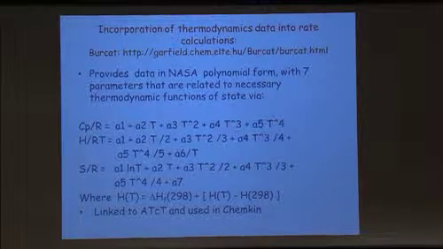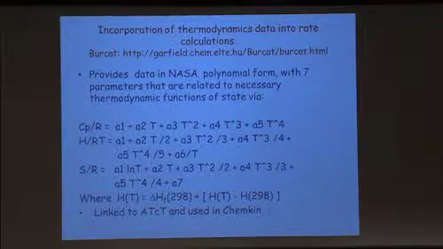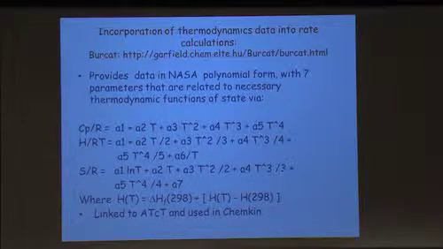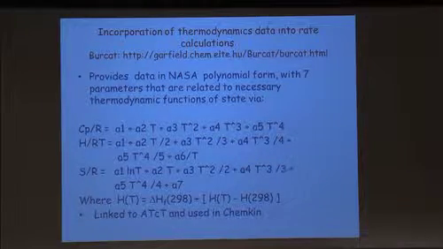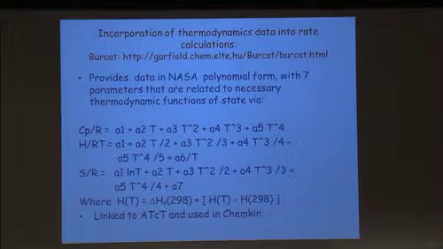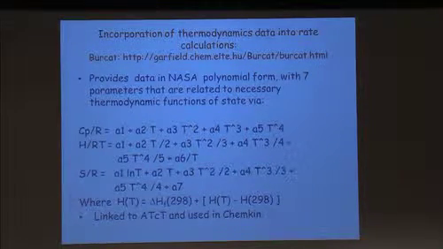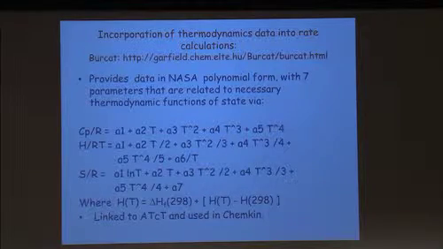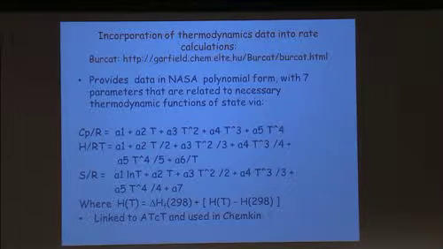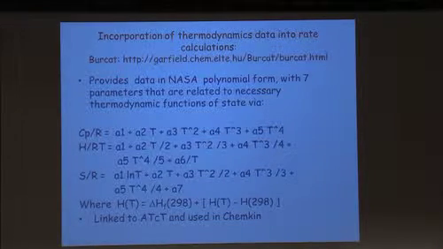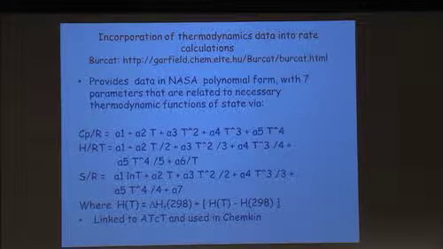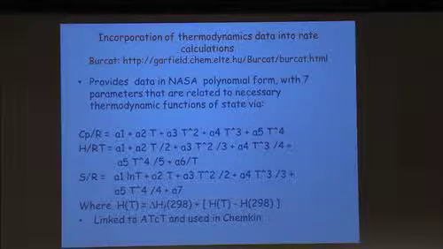But as far as combustion is concerned, it's not desperately bad, because you can use these databases provided by Berkhout, and you can access them through this database here. These are very closely linked to both ChemKin, because this is the source of the data that goes into ChemKin, and also to ATCT. And so the best values from ATCT go into this Berkhout database. So this is a good place to look.